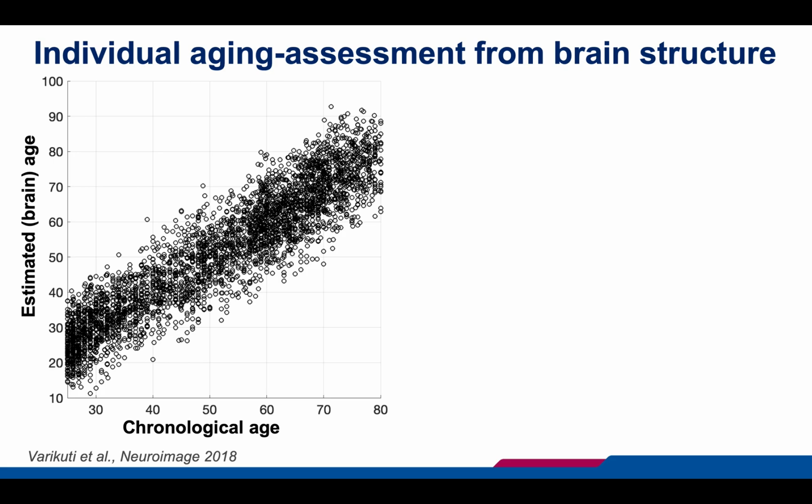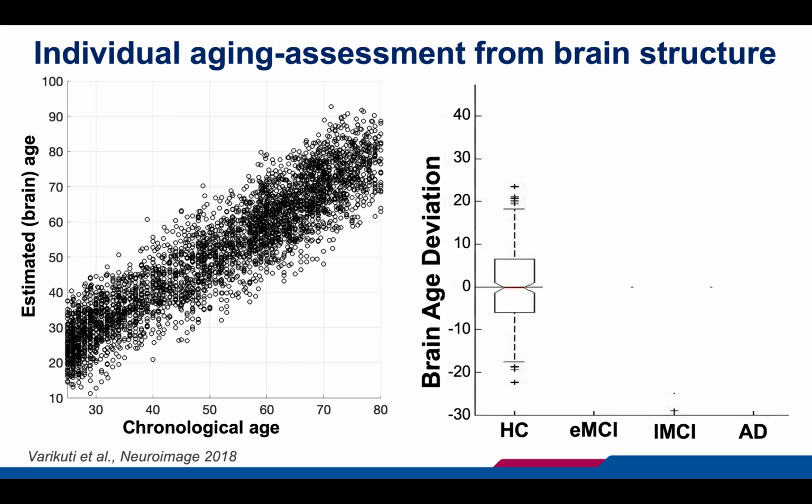More precisely, we can predict individual age with a mean average error between chronological and estimated age of roughly 4 to 5 years. What's important is that in normal healthy controls, the brain age deviation, so the difference between the estimated and the true age, is centered around 0. Some subjects are estimated older than they are, some have brains that look younger.